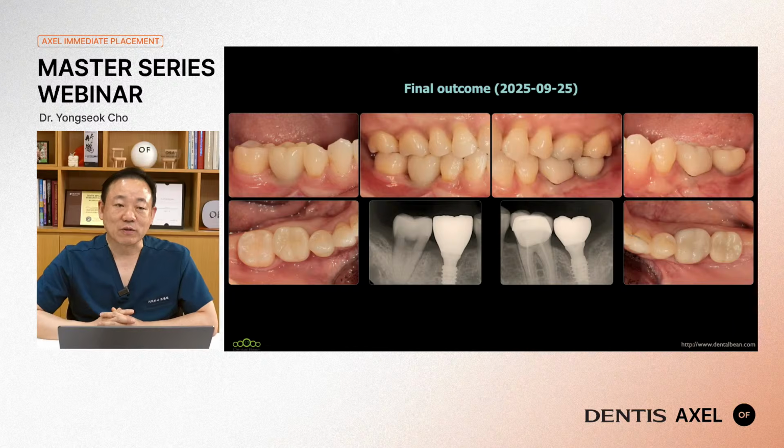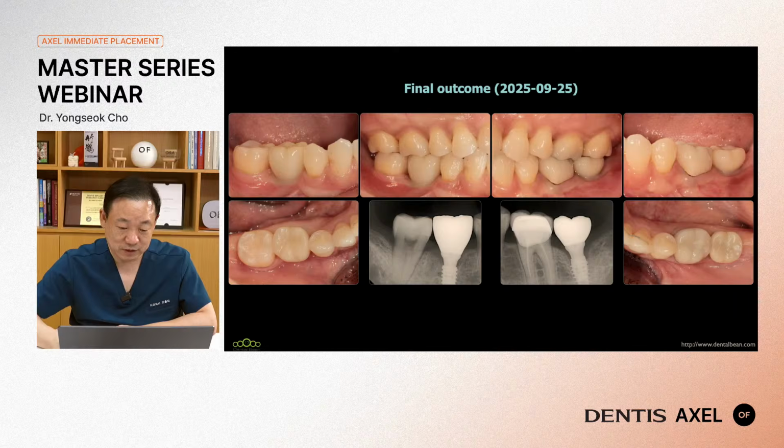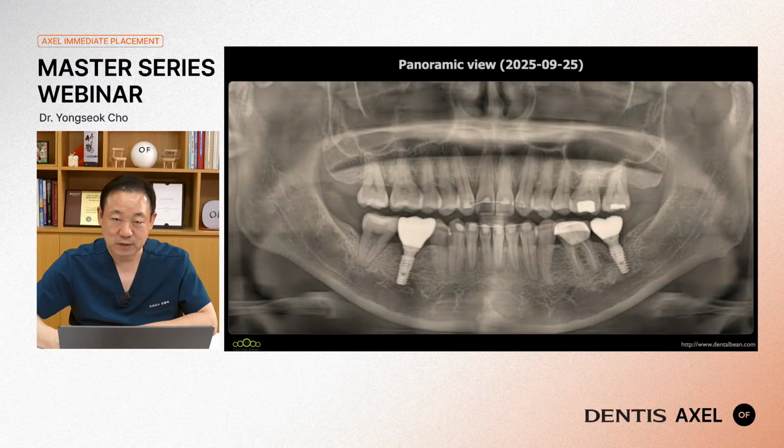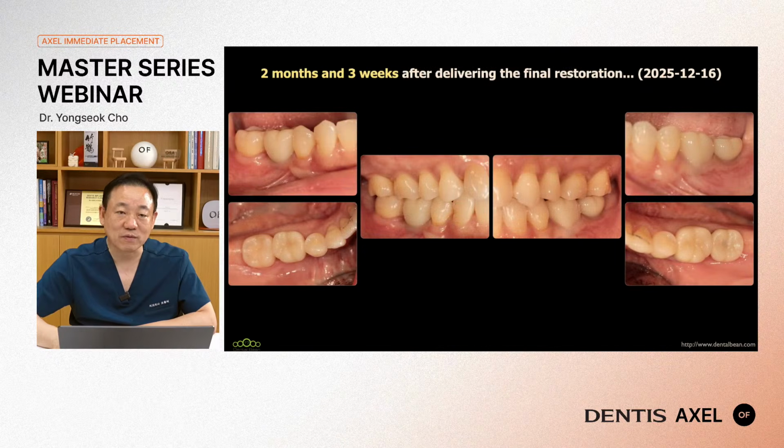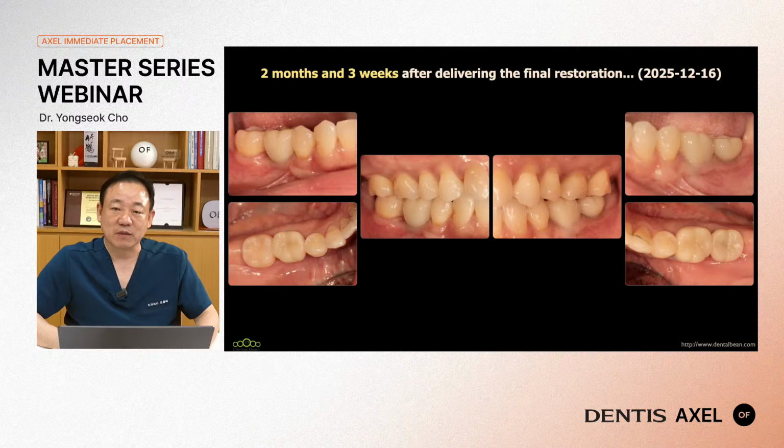Here is final outcome. Okay, crown delivered successfully and finished. It's very short follow-up, 2 months and 3 weeks after delivering the final restoration.